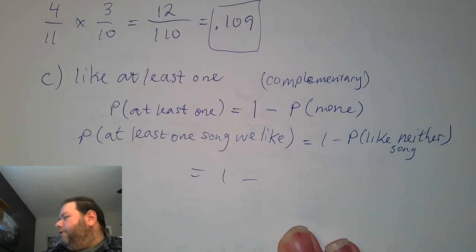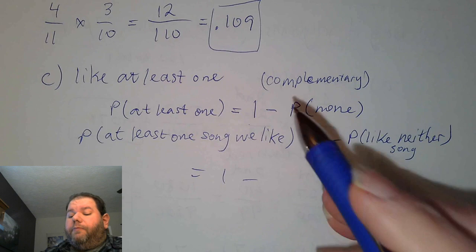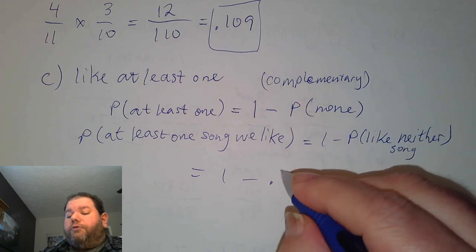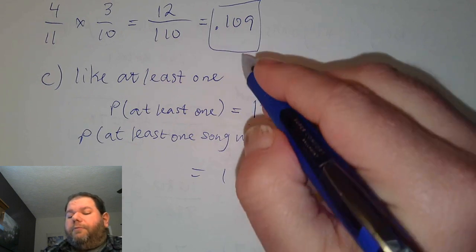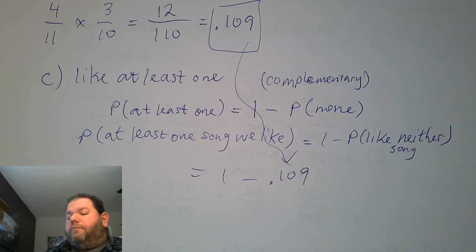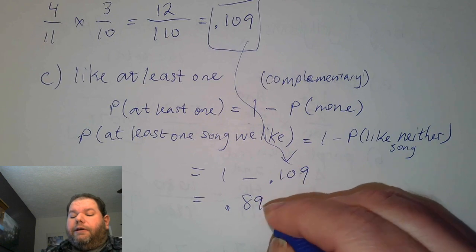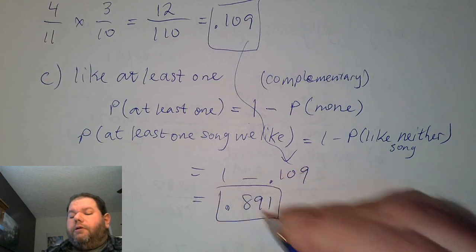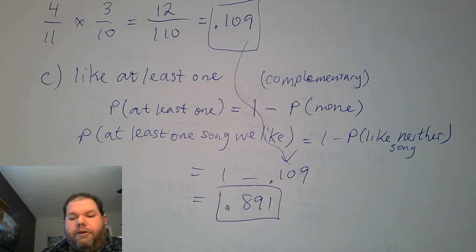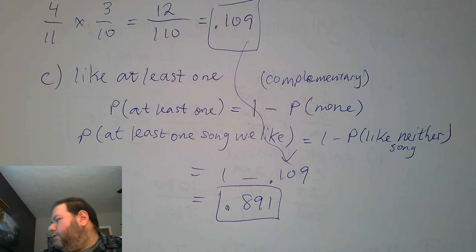And so we've already found this probability, so we'll just fill in the value, 0.109, from here to there. Okay. And so we subtract that from 1, and we get 0.891. And that will be the probability that we like at least one song.